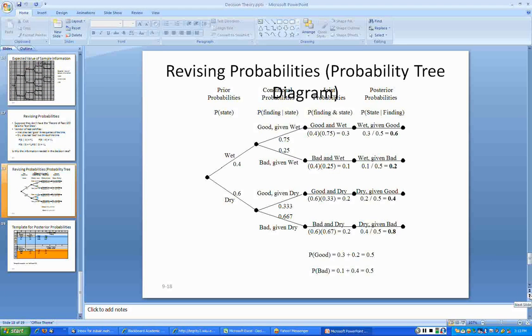So I'm going to leave these things there. I suggest you go back. This is a similar discussion to what we did on the posterior probabilities. What we actually measure in the field is not exactly what we can directly use. We had to go through this recalculation of the probabilities.